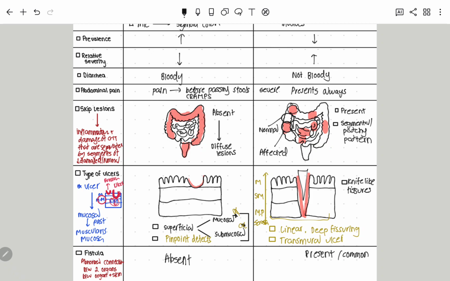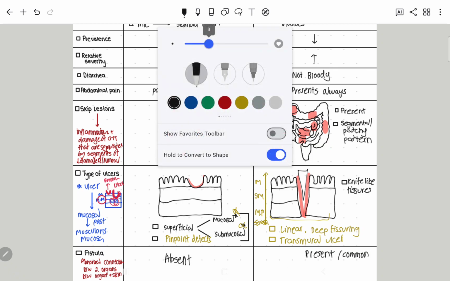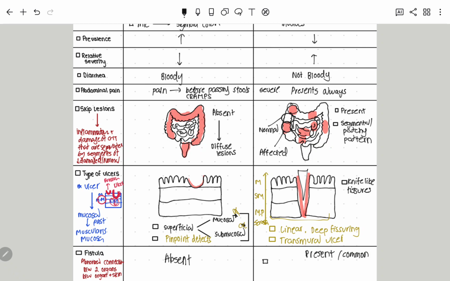And then you may be asked what type of fistulas can be seen with this disease process. Don't worry, quite simple to think about it quite logically. You can have enterocutaneous fistulas, which basically means you have a fistula forming between the intestine and the skin.